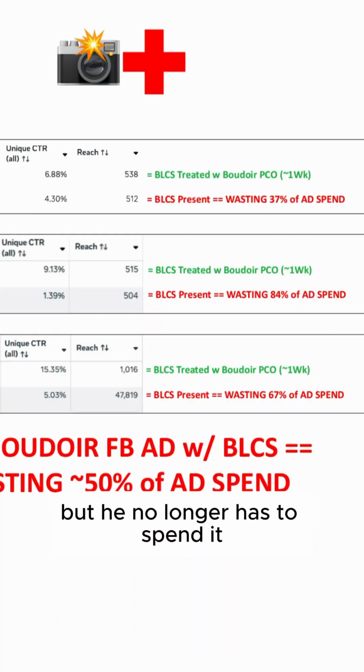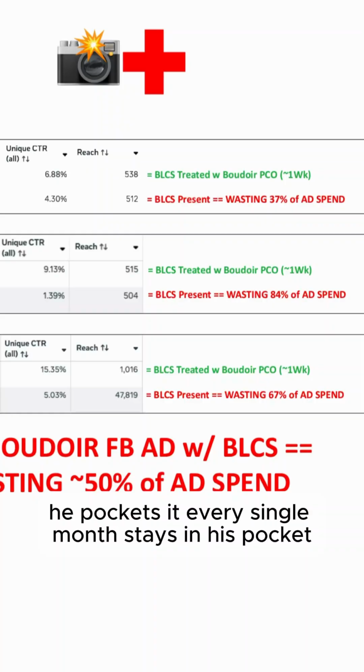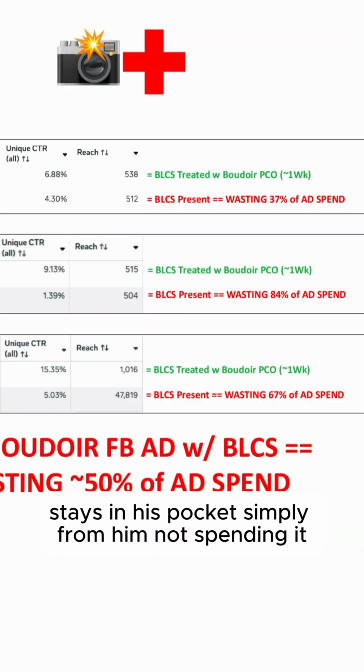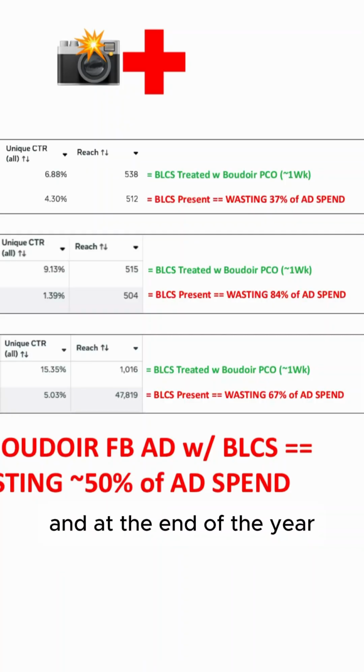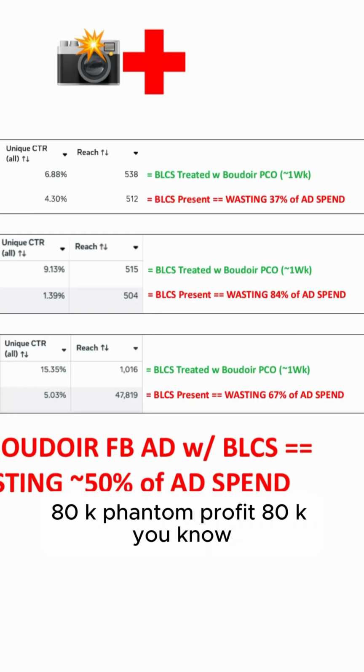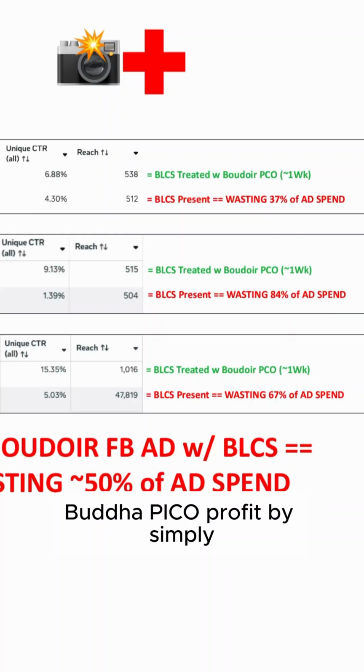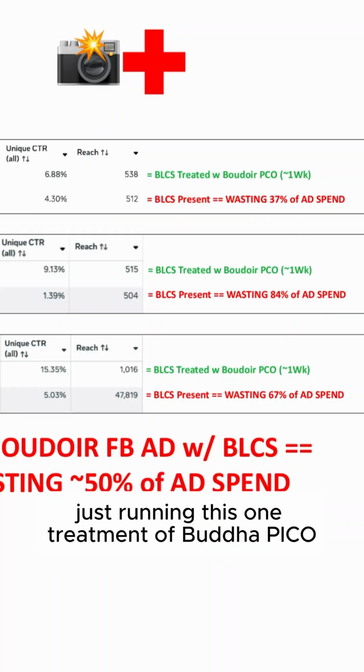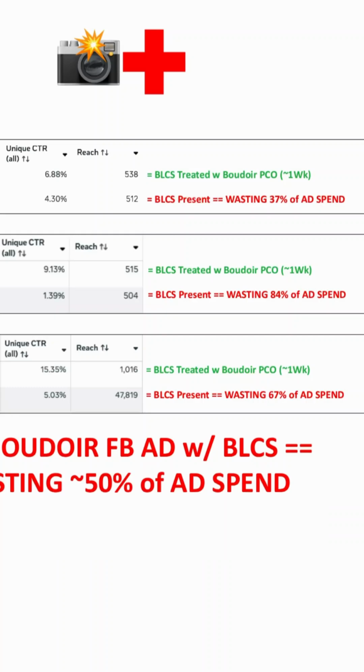He no longer has to spend it. He pockets it every single month. Stays in his pocket simply from him not spending it. And at the end of the year, it's like what, 80K bonus, 80K phantom profit, 80K Boudoir Pico profit by simply just running this one treatment of Boudoir Pico.